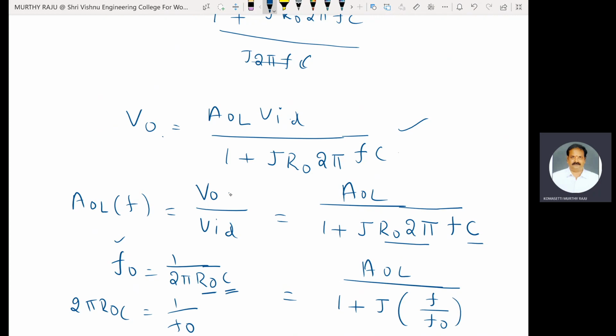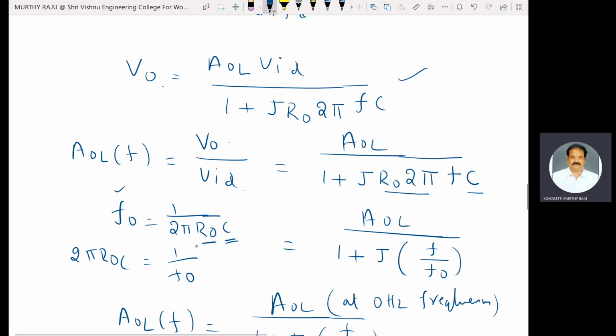V0 is the output voltage of an op-amp. VID is the differential voltage applied at the two input terminals of an operational amplifier. This is the open loop gain without any feedback. AOL, the open loop gain at 0 Hz frequency, by 1 plus j R0 2 pi f C.